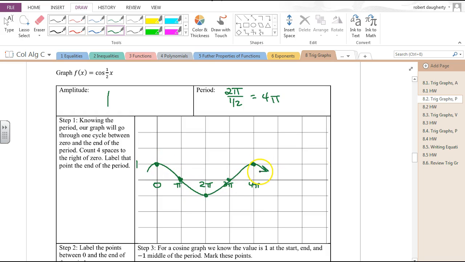You can see this is the cosine curve. So this is the cosine of 1/2 x. So these graphs all look the same. They're all the same shape. They're just going to be moving around. This is sort of stretched out. So if I only graph from 0 to 2 pi here, I wouldn't get very much of a graph. I wouldn't have a complete cycle. So I had to go out to 4 pi to get the complete cycle here.